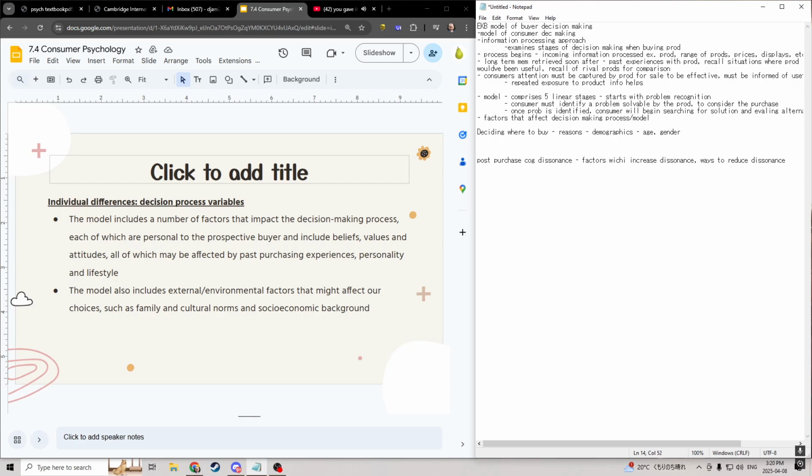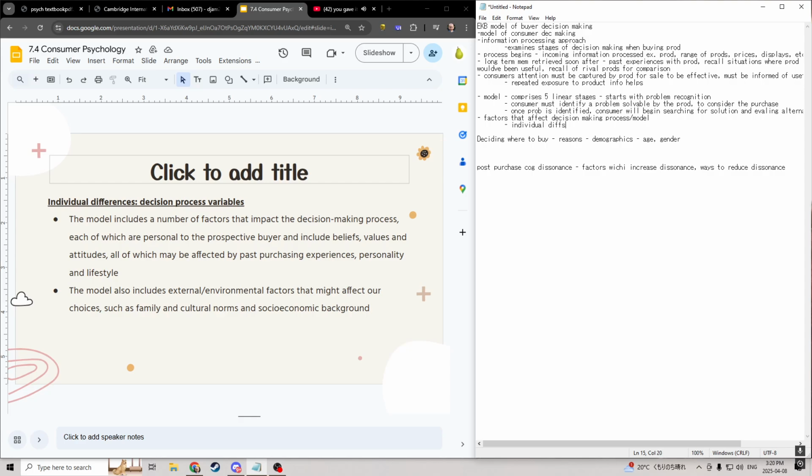Individual factors, such as beliefs, values, attitudes. Well, I mean, you can't really have multiple attitudes. You can only have one attitude, so it's a little bit off.